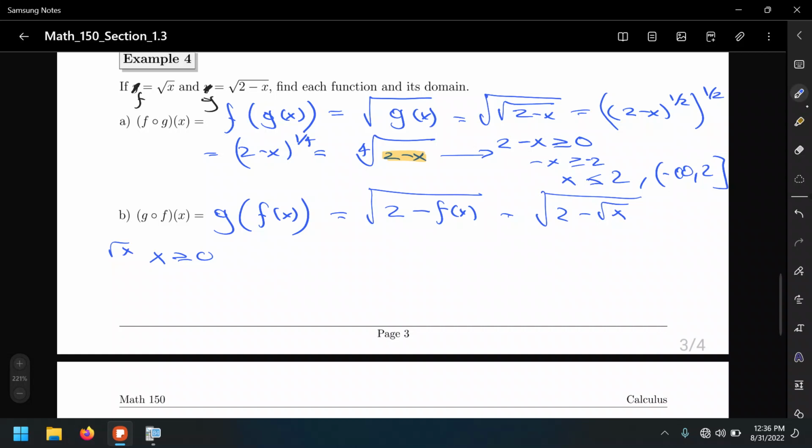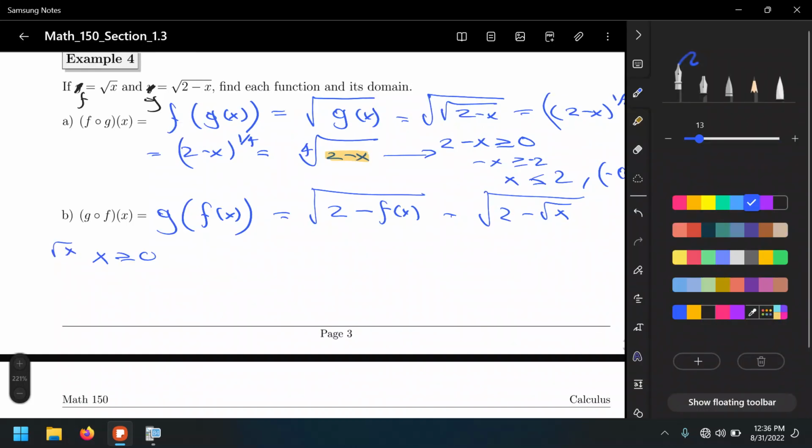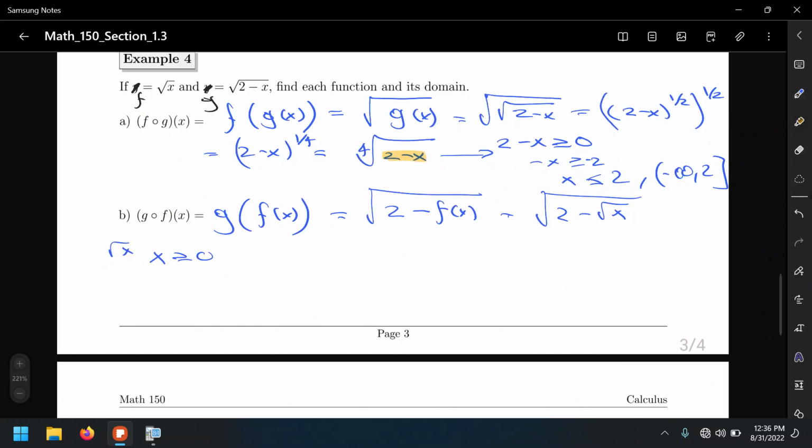Now, to find the domain of this function, we need to set the radicand, that is the quantity inside of the radical, greater than or equal to 0, and solve for the variable x.